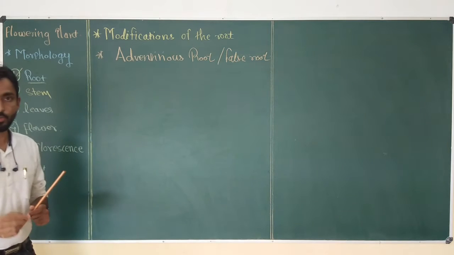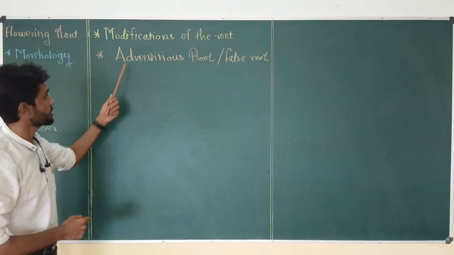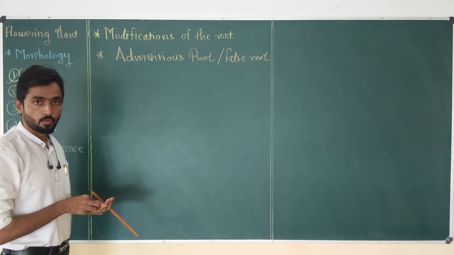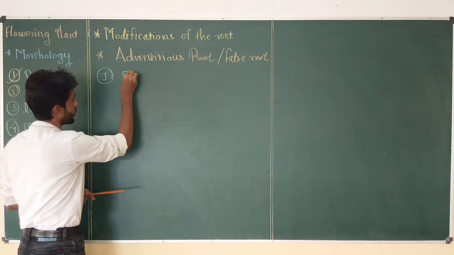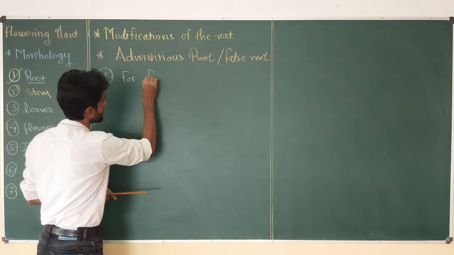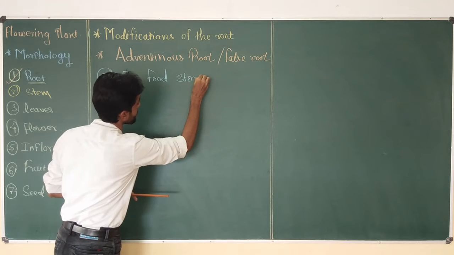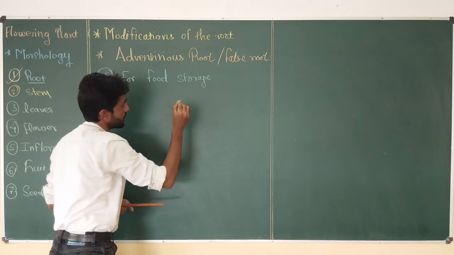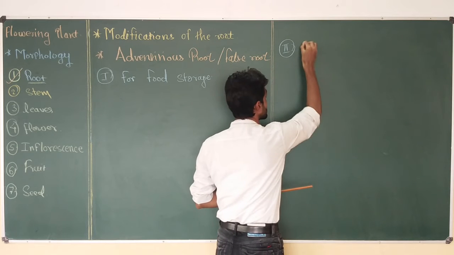In this video, we are going to talk about the modifications, and there are three different types of modifications of the adventitious roots, which include number one, modification for food storage. Number two, modifications for mechanical support.